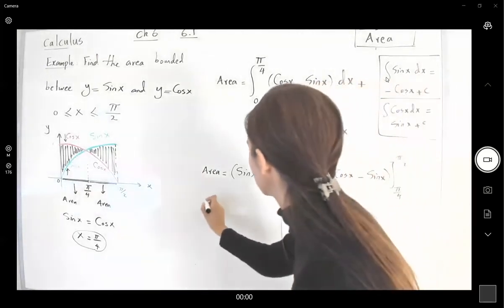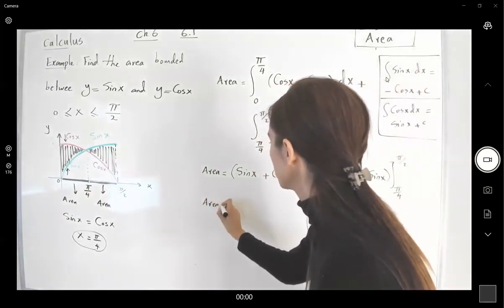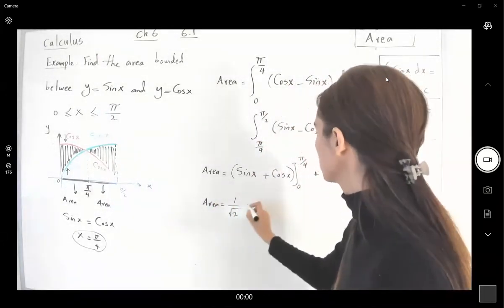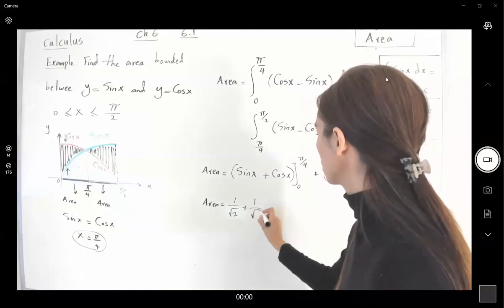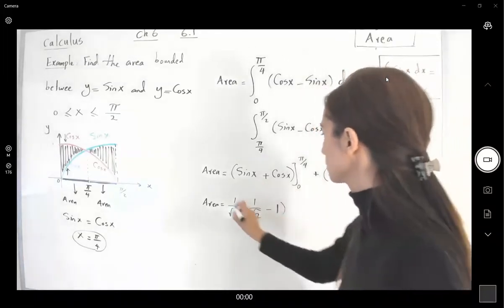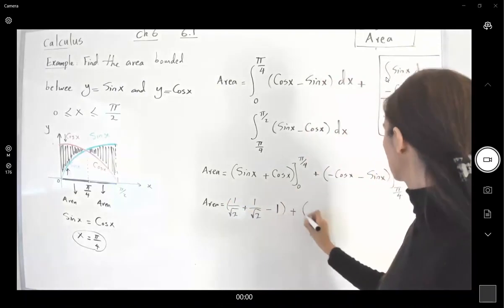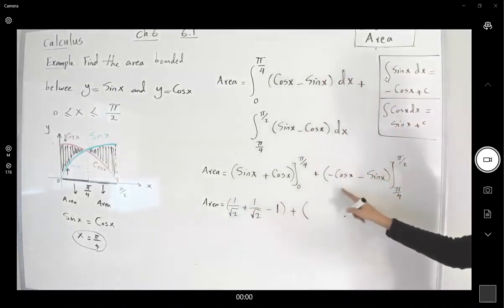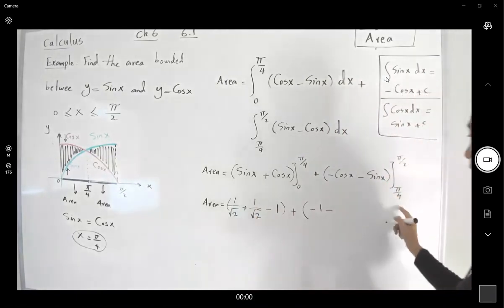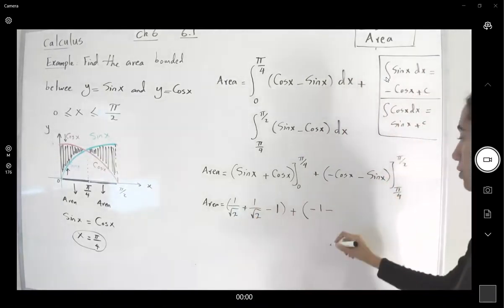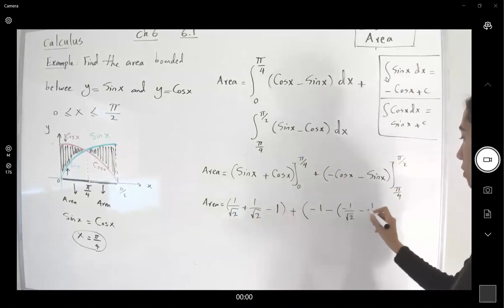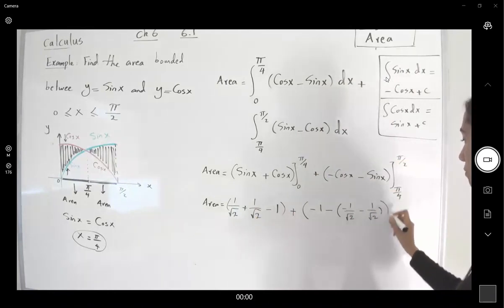Here you have the area equals 1 over square root of 2 plus 1 over square root of 2 minus, this is going to be 0 and this is just 1, plus, here if I plug in pi over 2, cosine is going to be 0, and here I have minus 1, minus, now I'm going to plug in pi over 4, which is negative 1 over square root of 2 minus 1 over square root of 2.